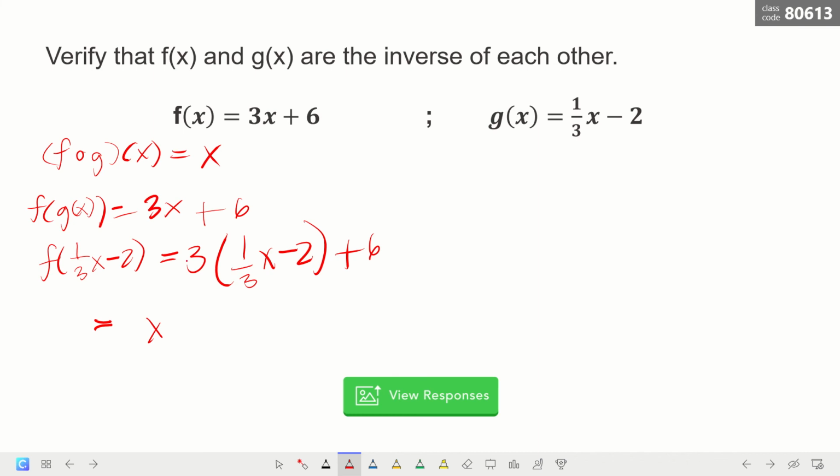Kasi maka-cancel out yan. So, 3 times negative 2 is equal to negative 6 plus 6. So, f of 1/3 x minus 2 is equal to negative 6 plus 6 is 0, therefore x. So, tama siya. So, nag-equal siya sa x.